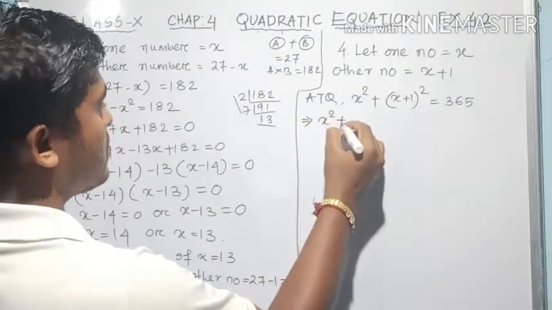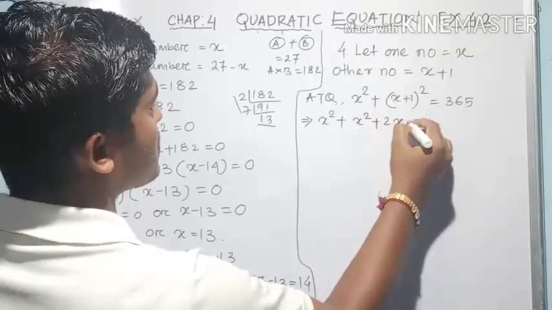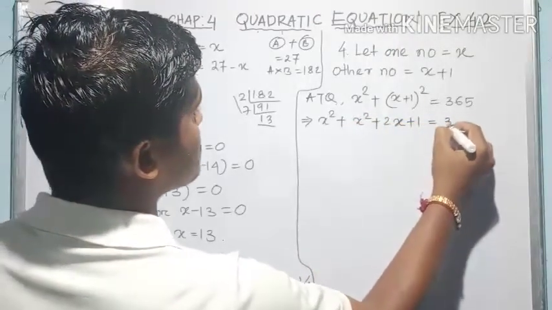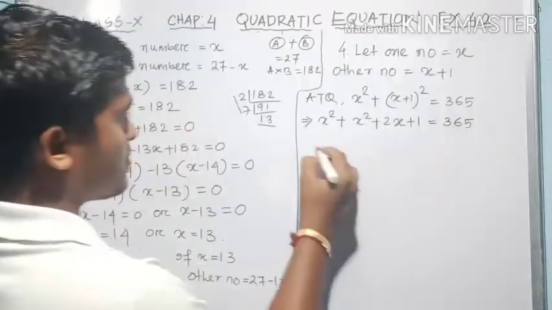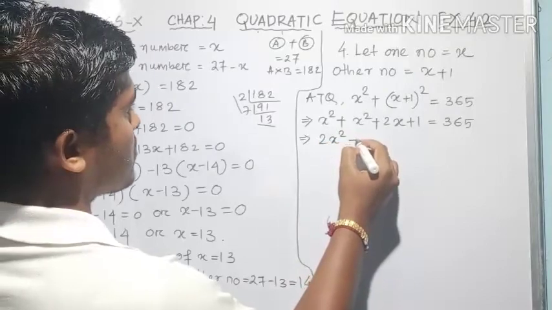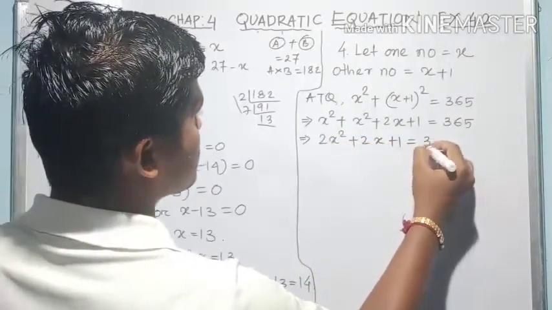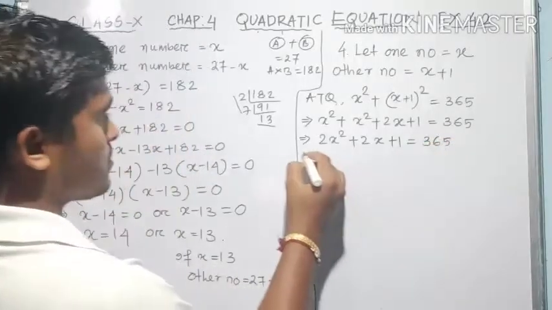This implies that x square plus 2x plus 1 is equal to 365. This implies that 2x square plus 2x plus 1 is equal to 365.